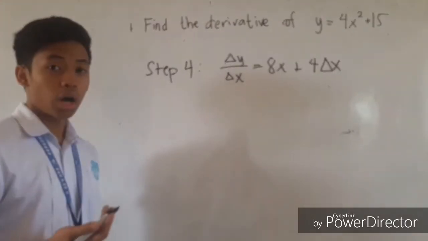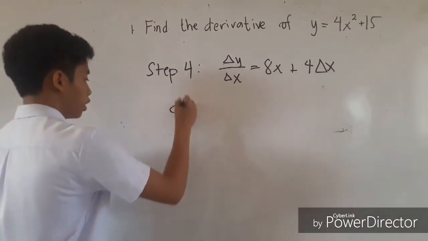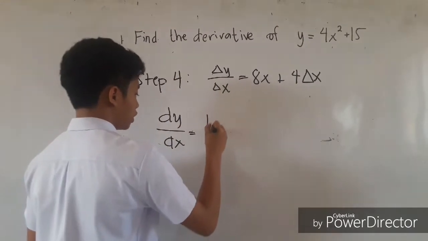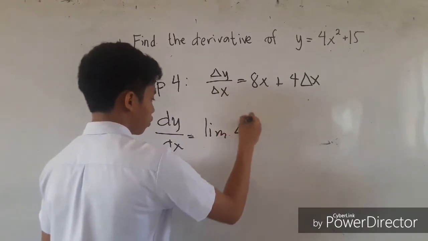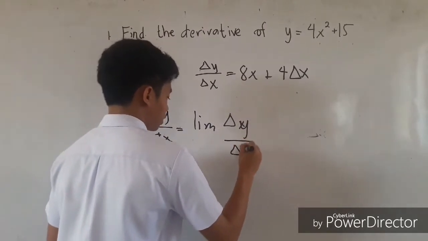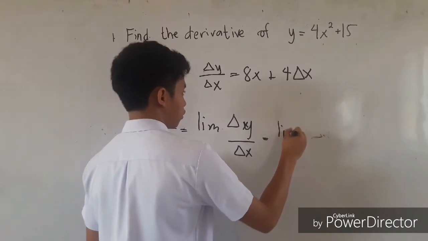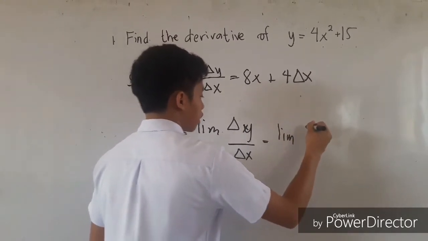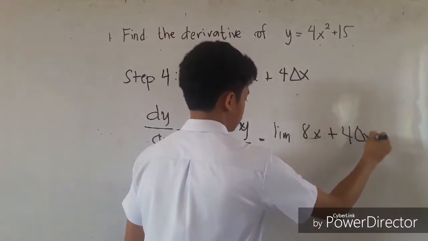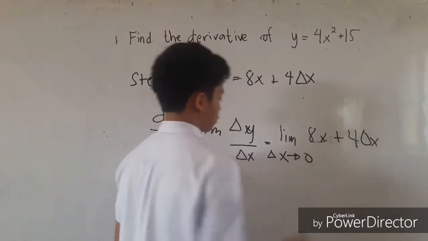Step 4. So now we find the limit as delta x approaches 0. So dy over dx is equal to the limit of delta y over delta x, the limit of 8x plus 4 delta x as delta x approaches 0.